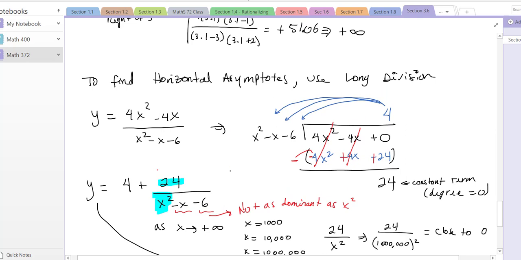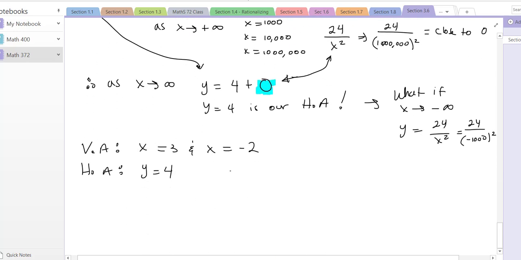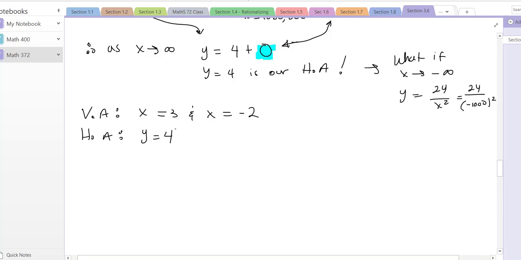Now if we wanted to graph it, I need a lot more information. I need to know the y-intercepts, the x-intercepts, I need to know the domain, and I need to know the behavior around the asymptotes. So let's outline some steps for graphing rational functions. The first step is to factor completely, if possible.